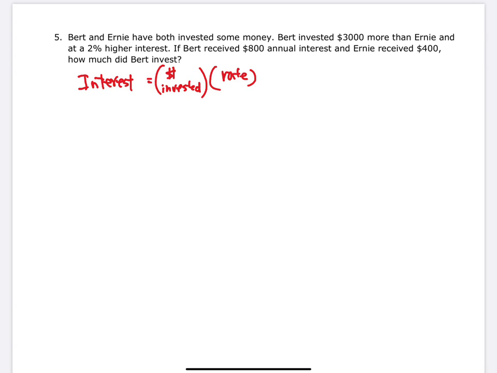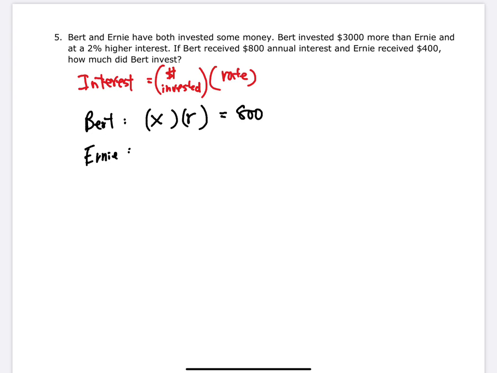All right, using that formula, so if Bert invested x amount of dollars, at some rate, I'm going to call it r, the interest that he gets is going to be $800.